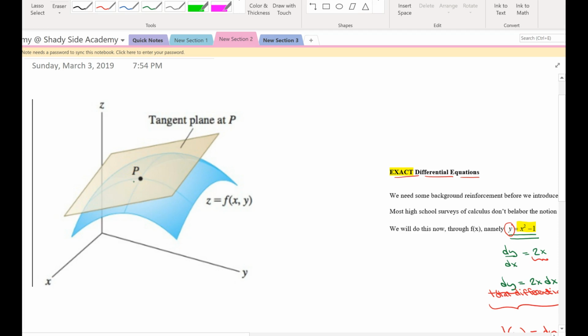And as you can imagine, if I were to change z moving just in the x direction, then certainly I'd only need to consider a change in x. If I was moving just in the y direction, I only need to think about the approximate change in z as a function of a change in y. But I have to allow myself the possibility that I'd want to change in x and y, right?